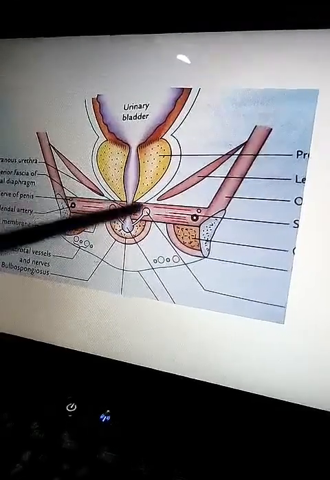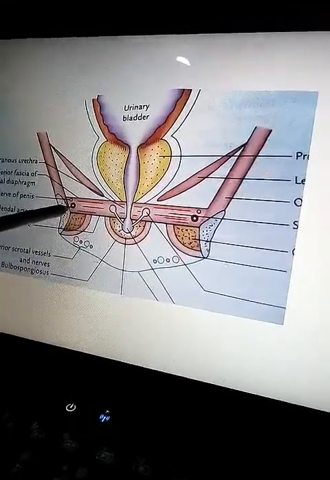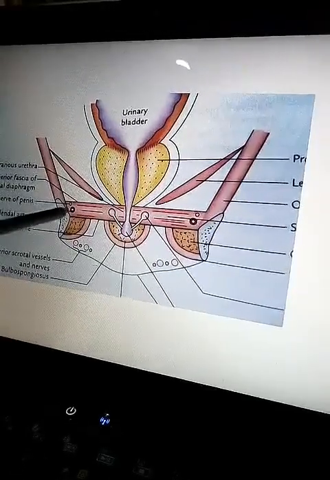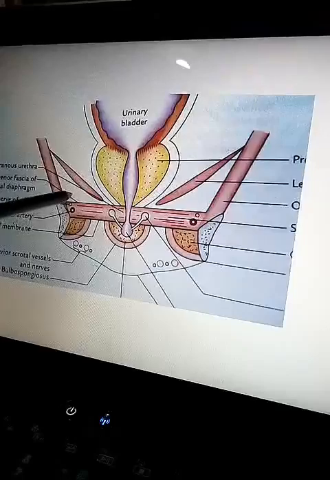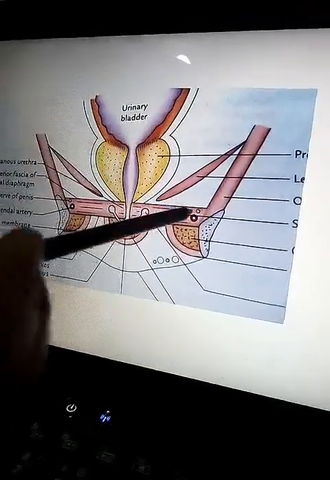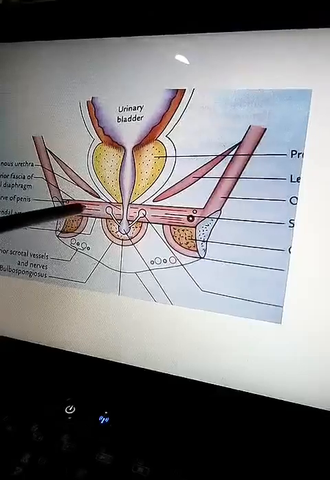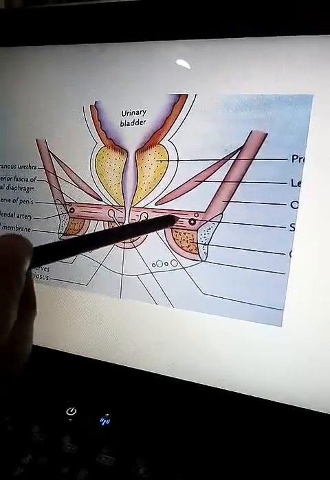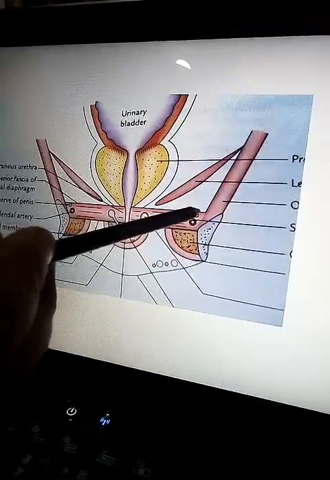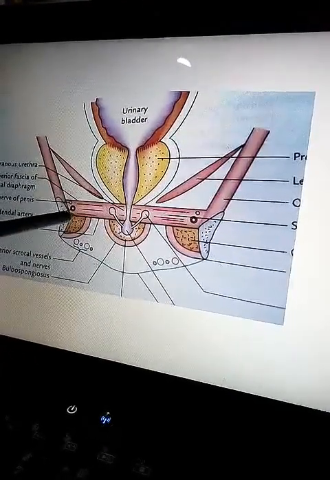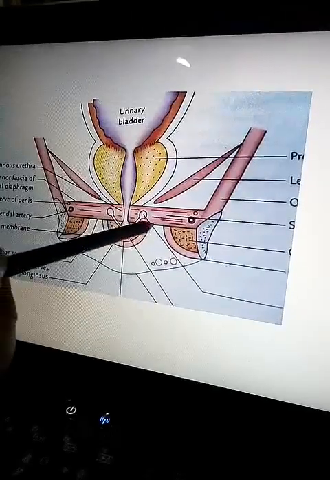Now another content of the deep perineal pouch or the urogenital diaphragm are the branches of internal pudendal vessels and pudendal nerves. So this was about the deep perineal pouch or the urogenital diaphragm that lies between the superior fascia and the inferior fascia of the urogenital diaphragm.